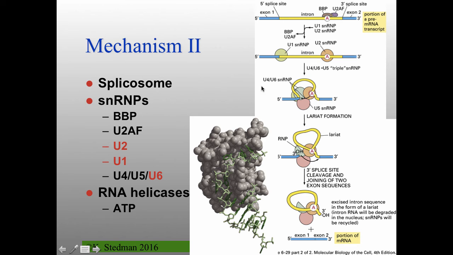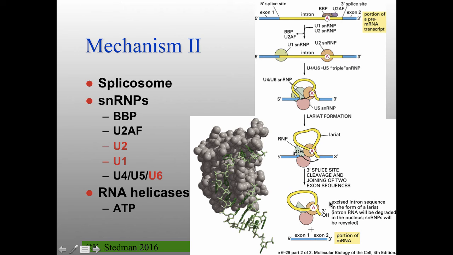U1, U2, helped by the activation factor and the branch binding protein, will bind to this A in the middle of your lariat. That's where you have your 2', 5' bond that forms, again, catalyzed by U4, U5, U6. And then this OH can attack the 5' phosphate over here on this exon, leading to your splice product.